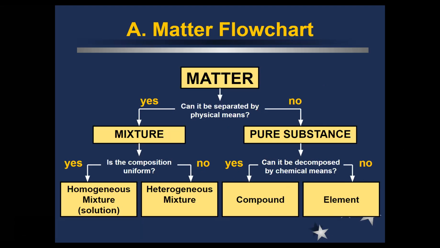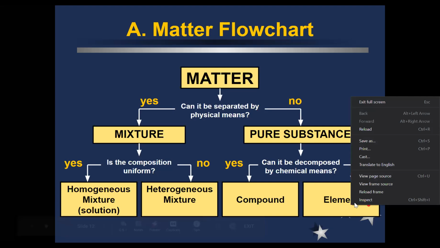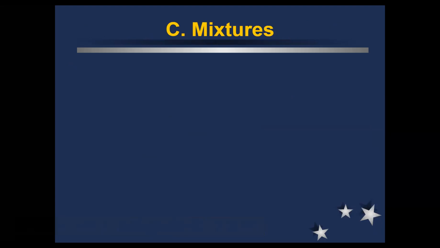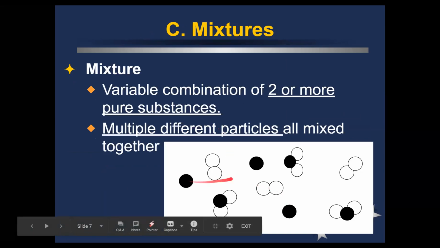I will say one thing that I want to mention is that it is still an element if it is an atom bonded to itself, essentially, or two of the same atoms bonded together. So like this guy right here, these two white dots together, that's still an element because they are not different, right?